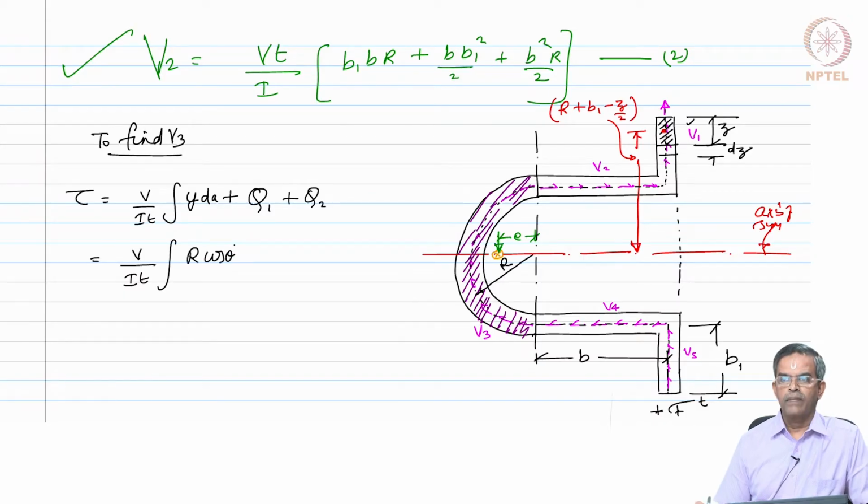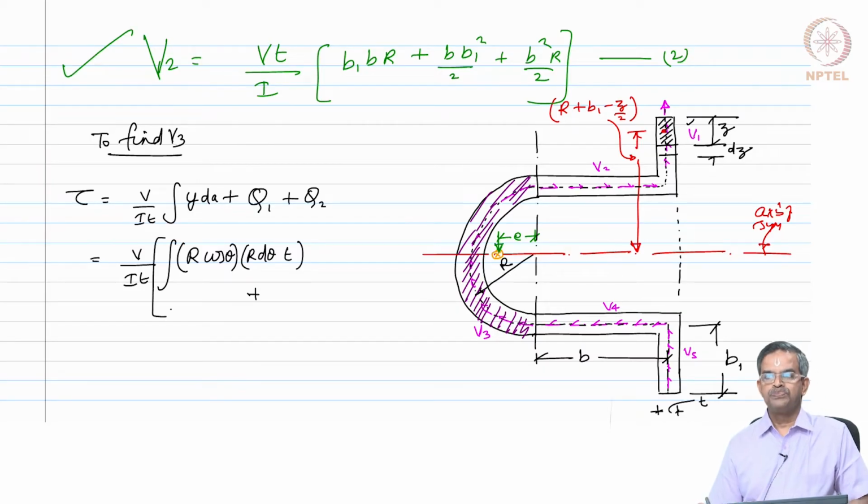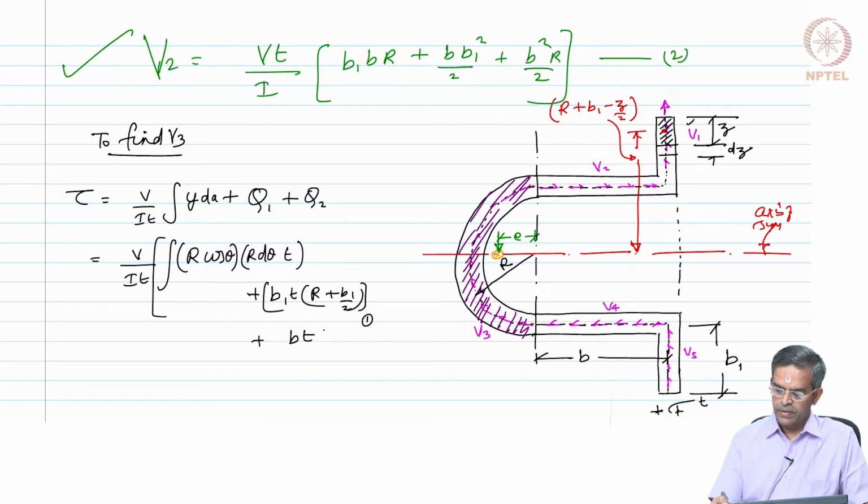R cos theta into R d theta into T, am I right? Plus B1 times of T into R plus B1 by 2. This is for piece number 1 plus B T into R, this is for piece number 2.